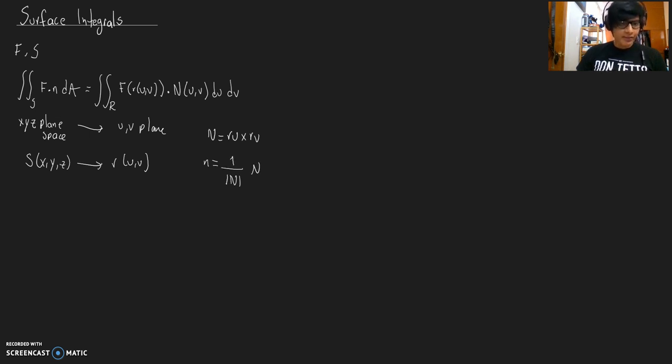But we can also assume that F is a vector function with three components, F1, F2, and F3, and also n will be another vector with three components, n1, n2, and n3.